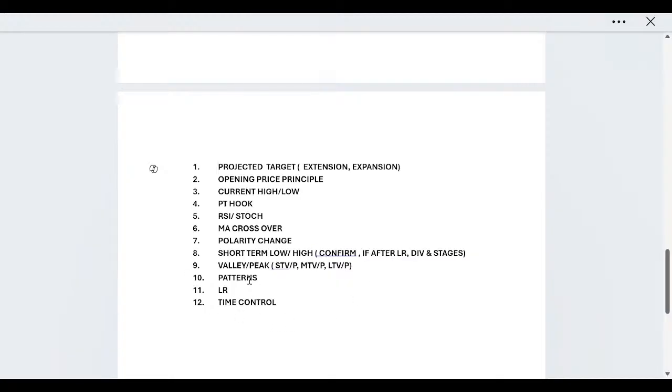Then a valley peak, that one also I will explain. Then of course patterns, you may not be able to do that because you need a lot of experience. And this, we call it LR or long range.